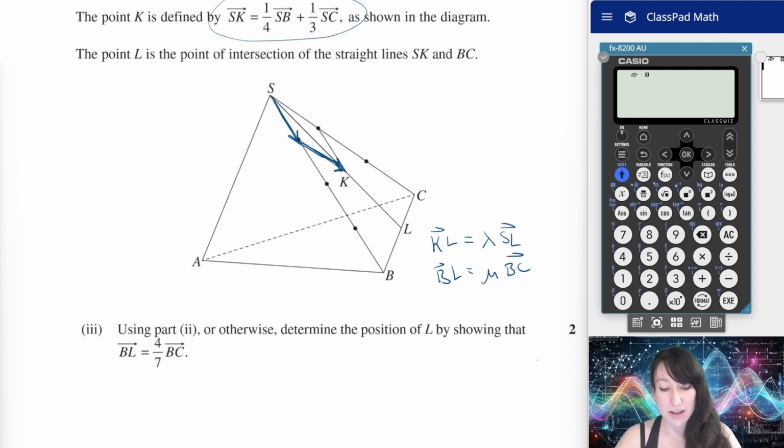So, to get to L, we could take 1/4 SB plus 1/3 SC plus KL, which would be lambda SL. Or we could take all of SB plus BL, which is mu times BC.